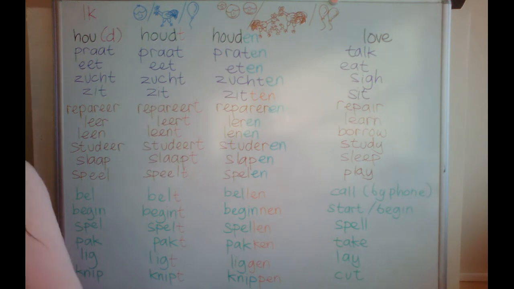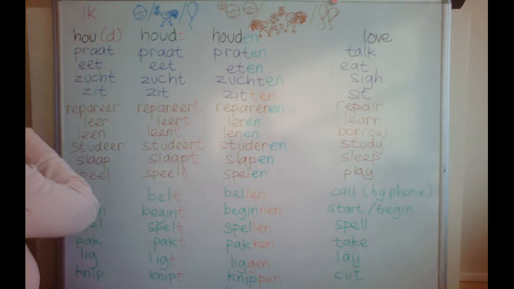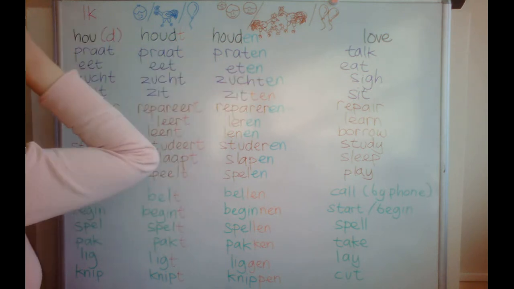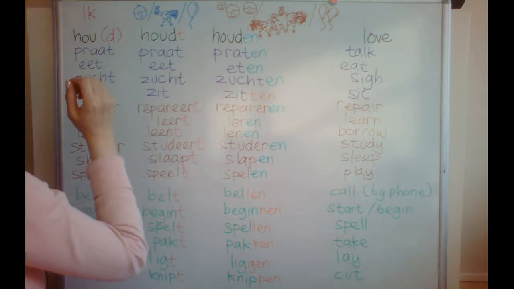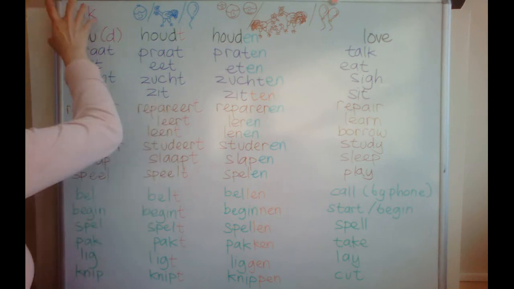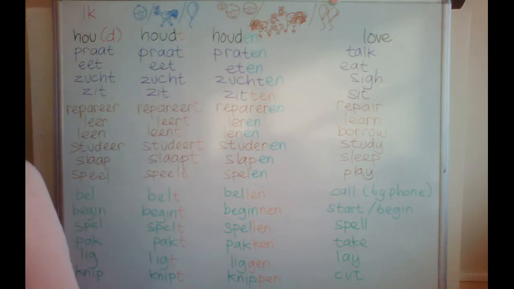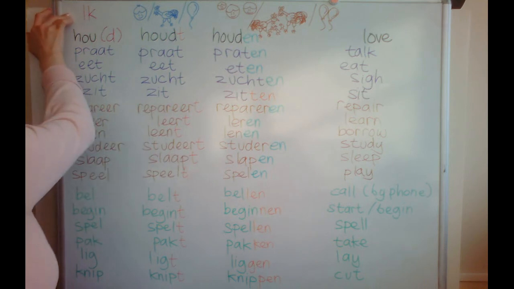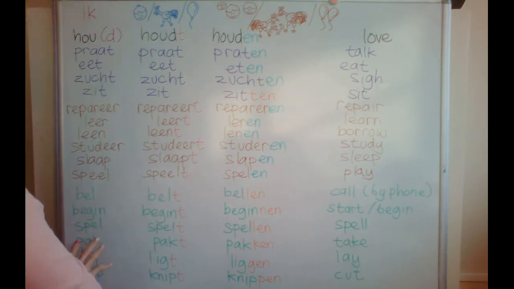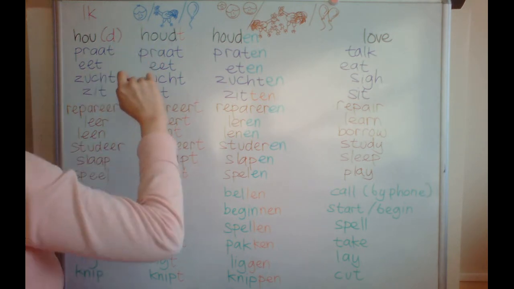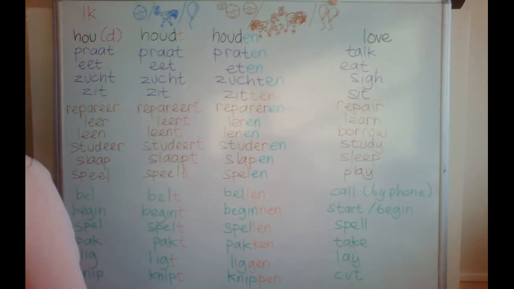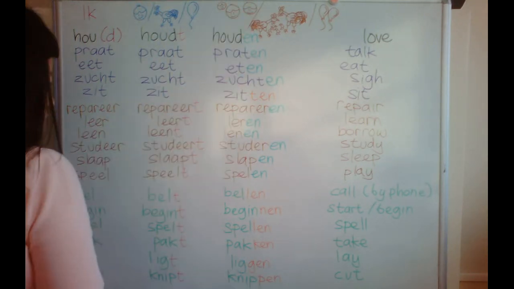As we learned from the previous video, the verb in Netherlands is divided into three: for ik, or I, for subject that consists of one, and for subject that consists of more than one.